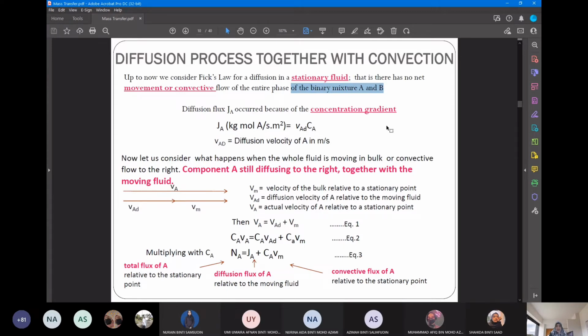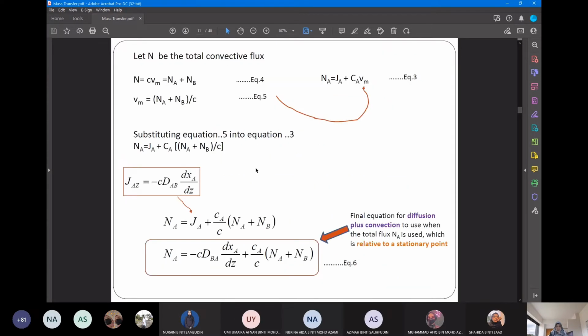The difference needs to be understood. What does it mean? Just now, with Fick's law only, you are referring to only one. A, you get JA. B, you get JB. Now, when you talk about it together with convection, you can have the total, which is A and B.